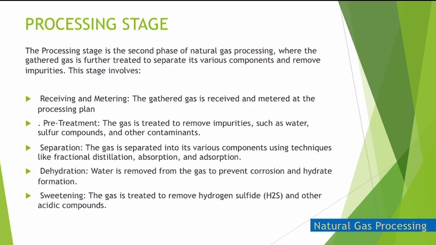The gas is separated into its various components using techniques like fractional distillation and absorption. Dehydration. Water is removed from the gas to prevent corrosion and hydrate formation. And for the sweetening stage, the gas is treated to remove hydrogen sulfide and other acidic compounds.